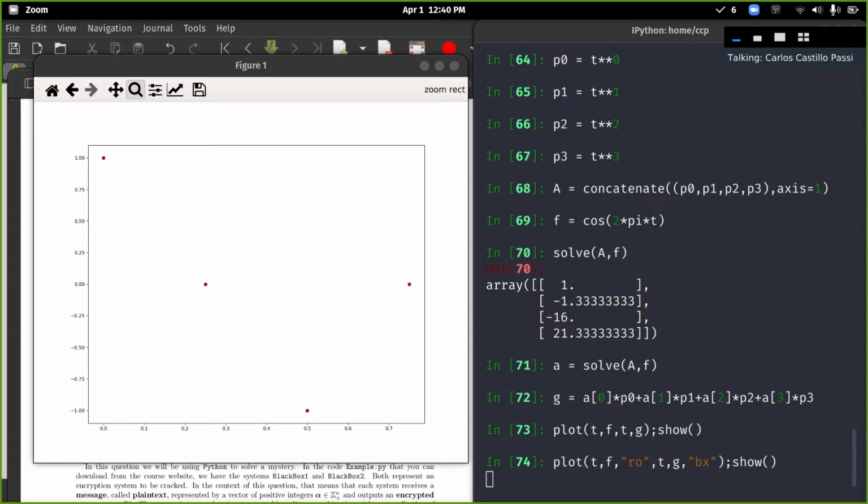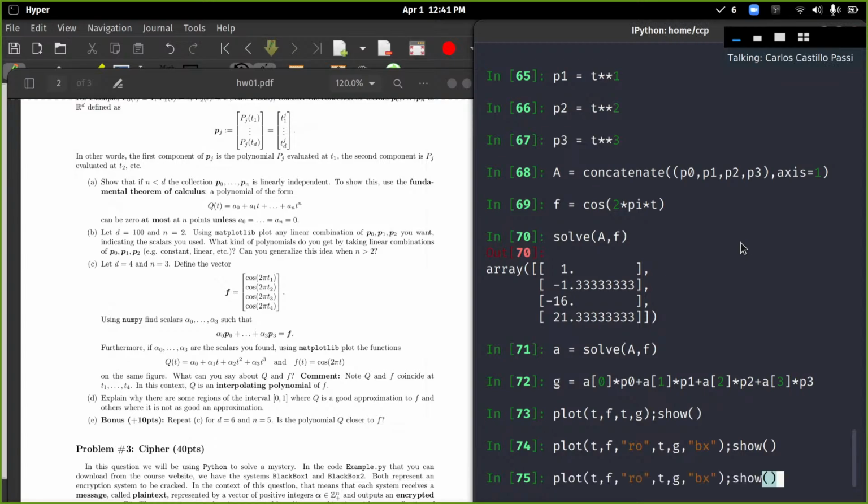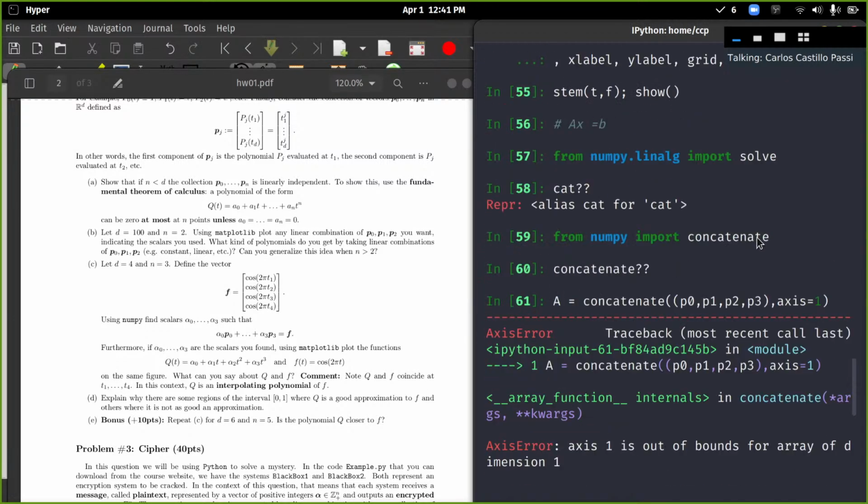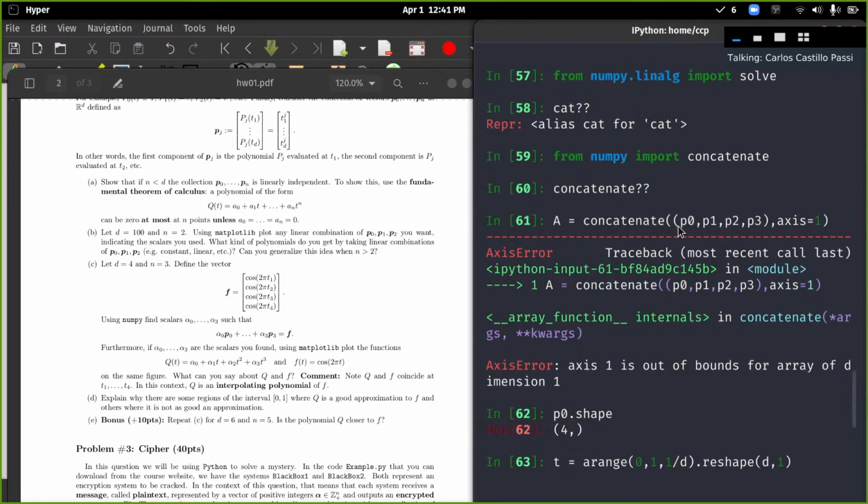Reshape. What happens with the reshape? How does it work? Okay, so at first the concatenate function was throwing an error saying that the vectors here, p0, p1, until p3, had only one dimension.